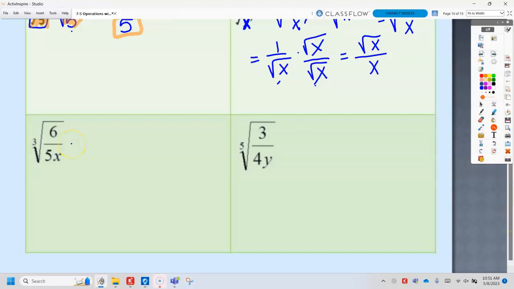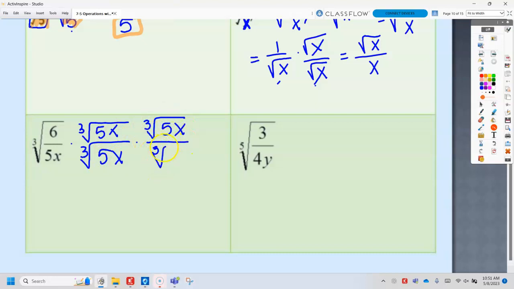So we have to multiply this problem by the cube root of 25x squared, because I need 3 of the same cube root to rationalize the denominator.